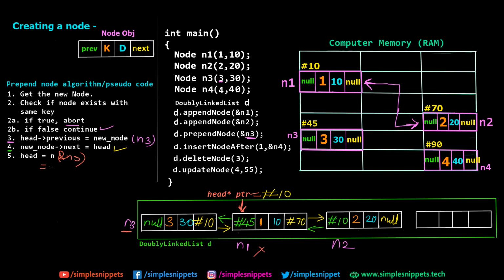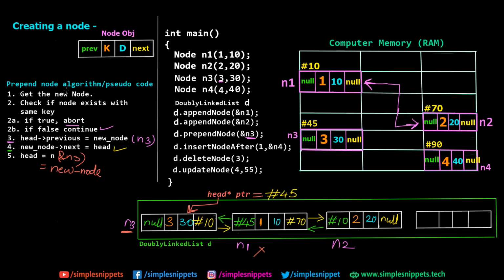So basically head is equal to new underscore node. Okay. So we just have to erase this address and this linking. And now the head pointer will store the address of n3. This is the newly passed node. We know the address is 45. So the address is going to be hash 45. So now the head pointer is going to point to this n3. And this is the start of the doubly linked list and not n1.